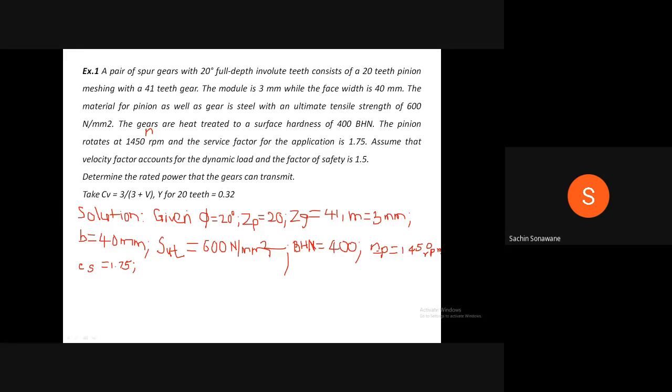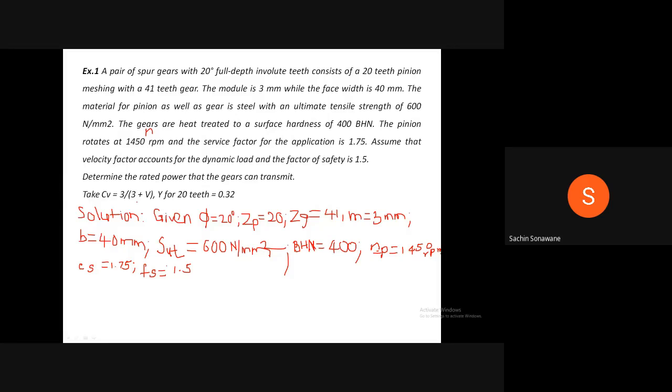Then they have given us that assume that velocity factor accounts for the dynamic load. What is the meaning of this statement? While solving the problem, I will tell. And the factor of safety is 1.5. Therefore, factor of safety Fs is equal to 1.5.